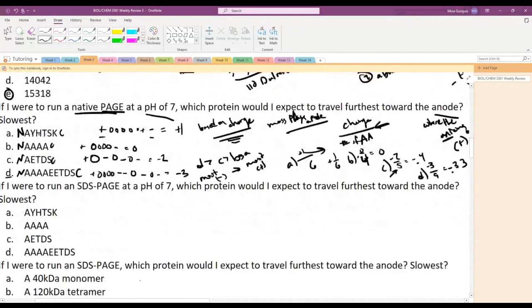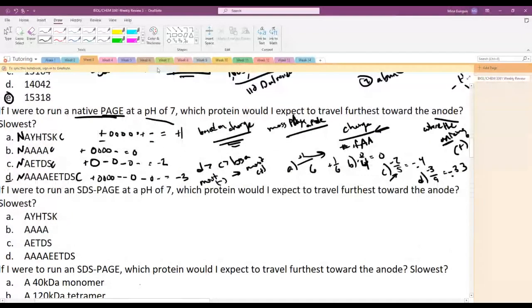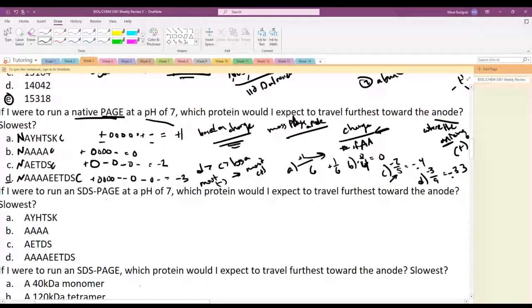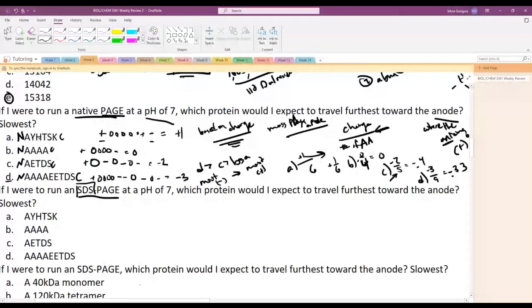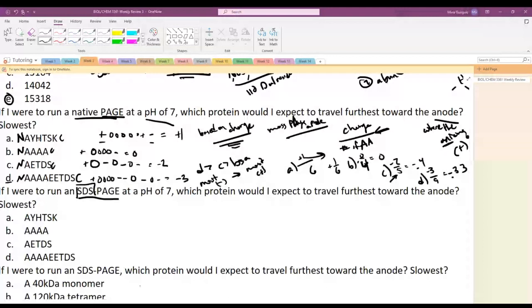So the next question is basically the exact same, except it's got a really big difference. The difference is, rather than a native PAGE, we're running an SDS-PAGE. So SDS is, let me see if I can pronounce this, sodium dodecyl sulfate.